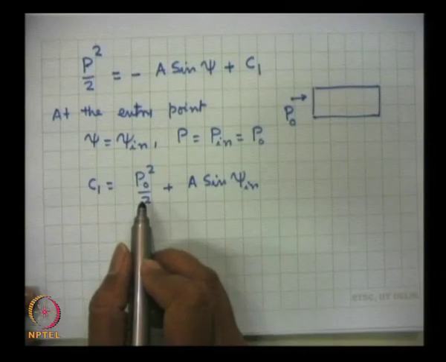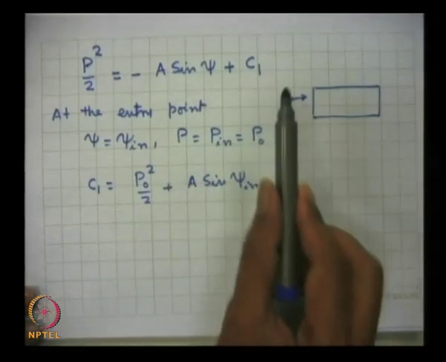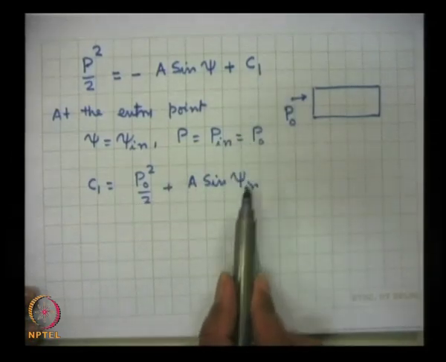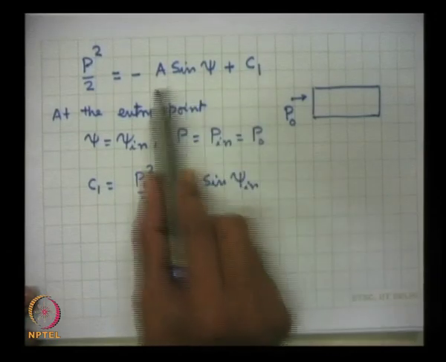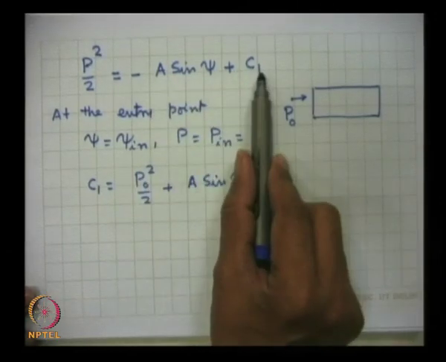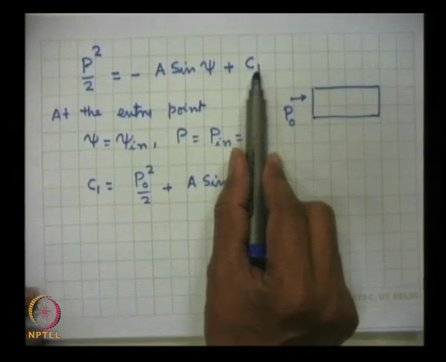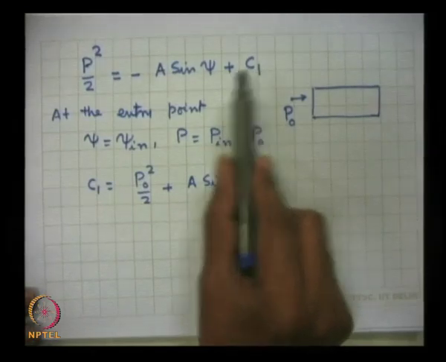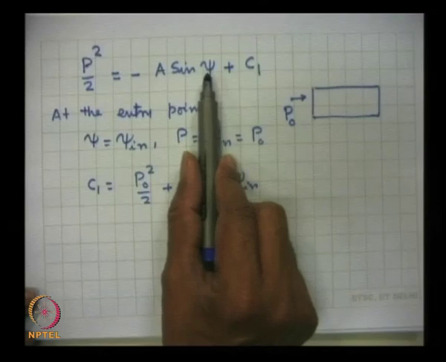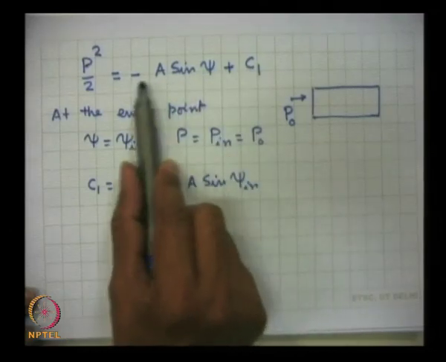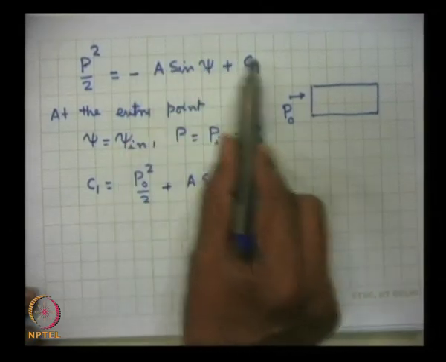Now, there is one thing interesting in here. Depending on the phase, the value of C1 could be less than A, bigger than A, or equal to A. If C1 is bigger than A and positive, in that case this quantity will always remain less than this.